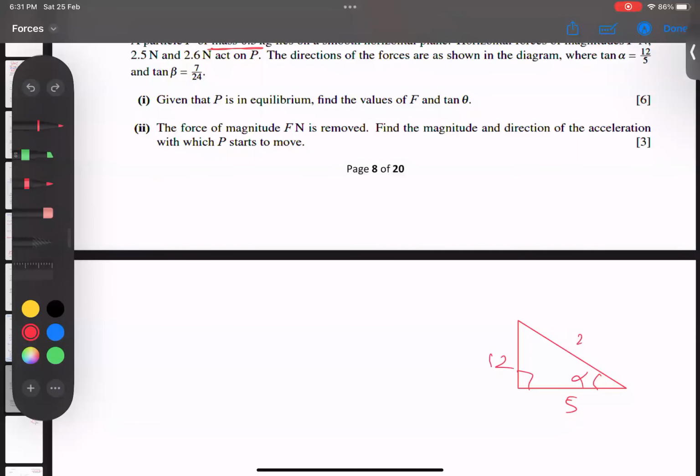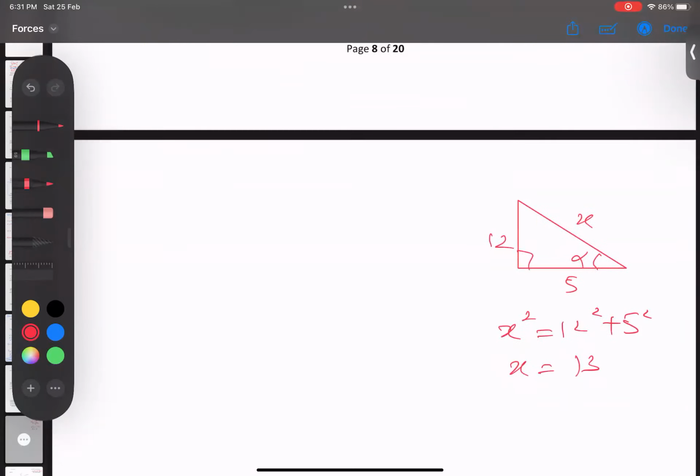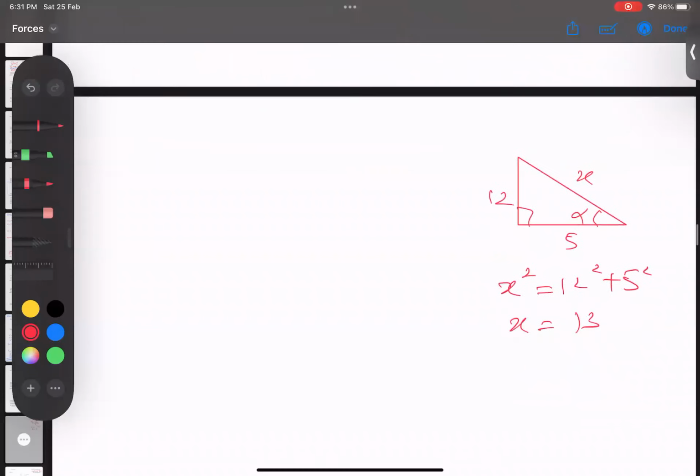So this is x, and I can find x easily. x to the power 2 equals 12 to the power 2 plus 5 to the power 2. If I take the root, I get 13. And from here I can get the cos alpha value very easily. Cos alpha is adjacent by hypotenuse, so 5 over 13. And sine value is very clear, opposite by hypotenuse.